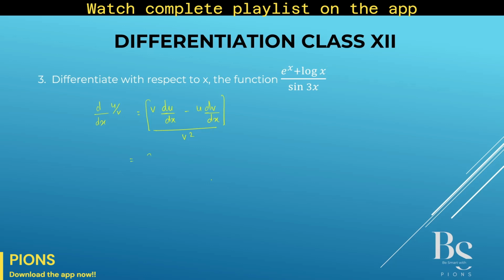So this will be v, which is sine 3x in the denominator, sine 3x, d by dx of e to the power x plus log x, minus u, which is e to the power x plus log x, the numerator, and derivative of the denominator, d by dx of sine 3x, whole divided by sine 3x whole square.